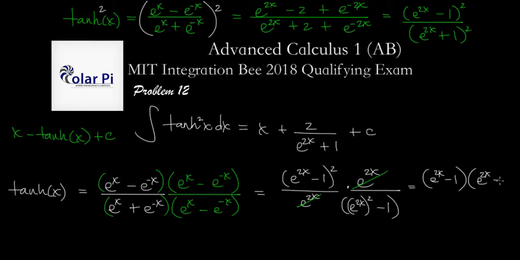This here is equal to that. And this is equal to, by difference of squares, e to the 2x minus 1 times e to the 2x plus 1, right? Okay, cool. And look at what we can do.